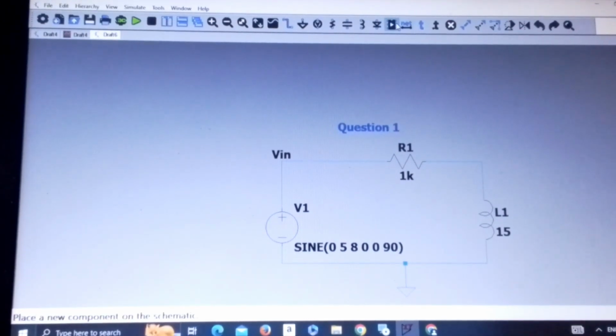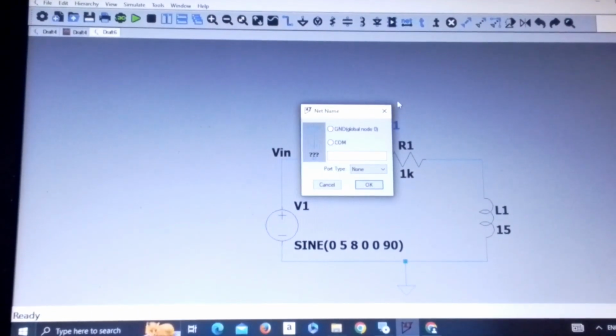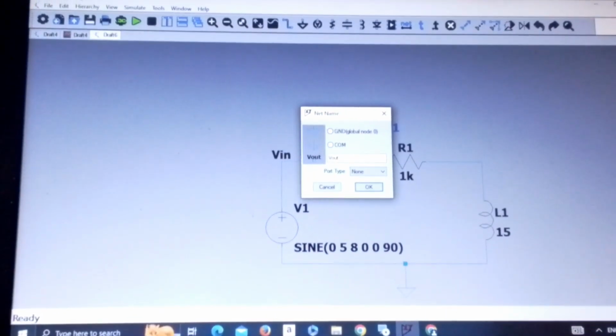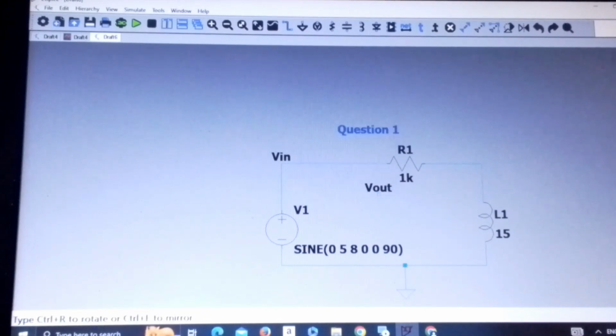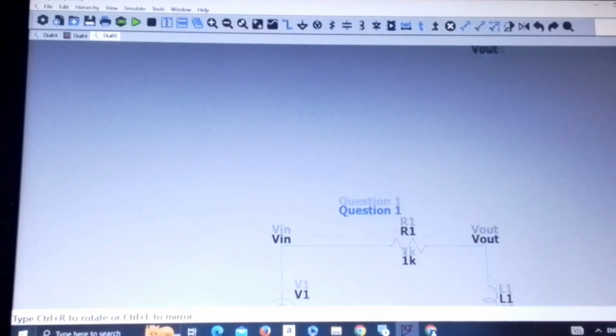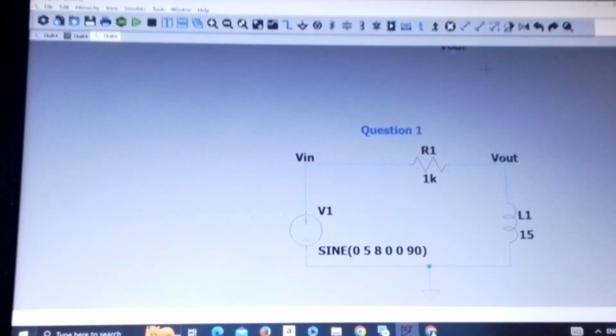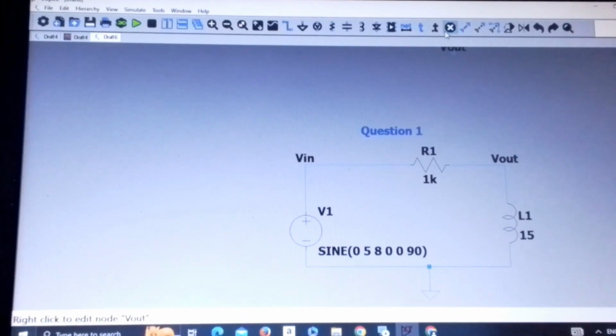Then click here again and do the same thing as V in; this is for V out, and I put it here.